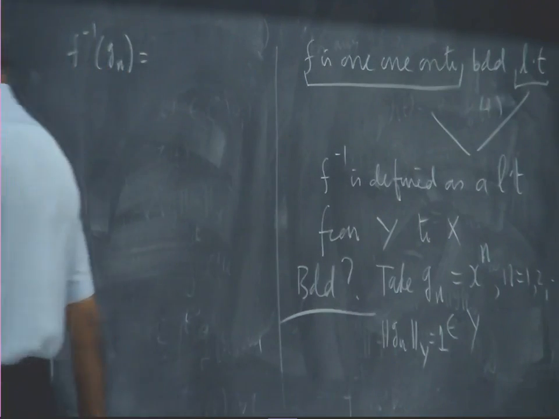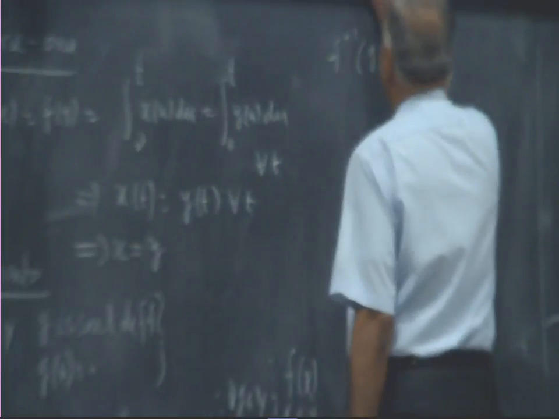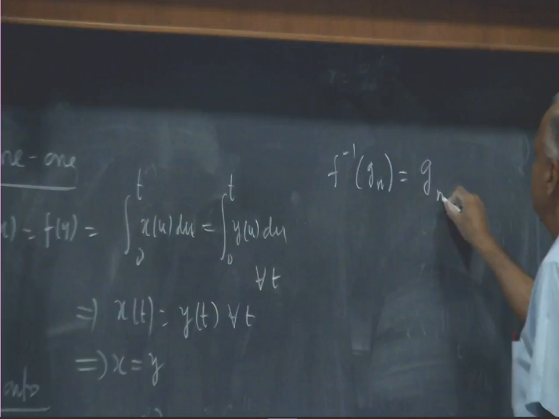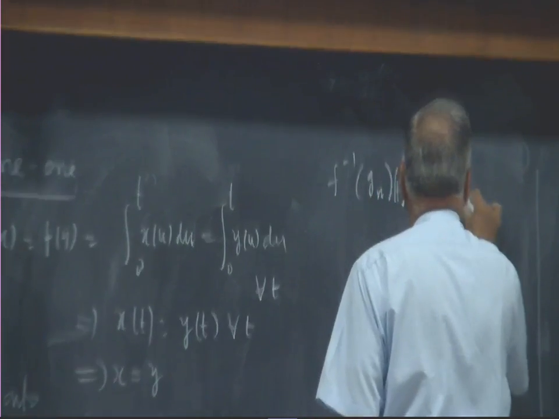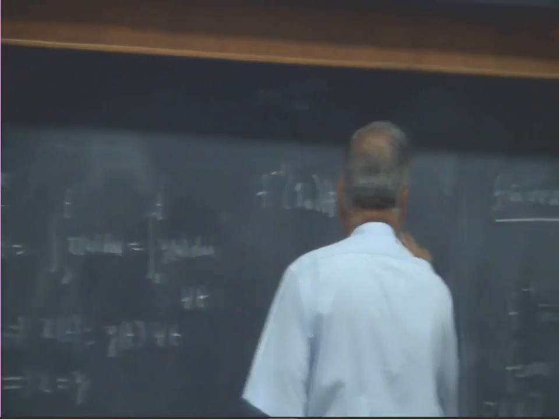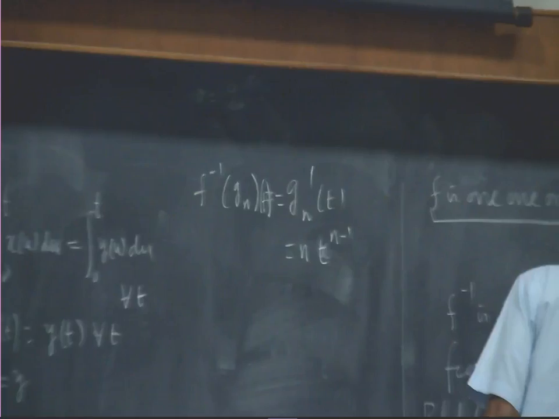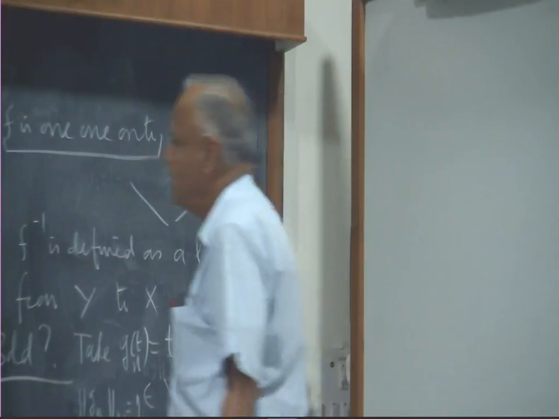To get the inverse of g, I must differentiate it. Remember, I let x be equal to g_n prime.